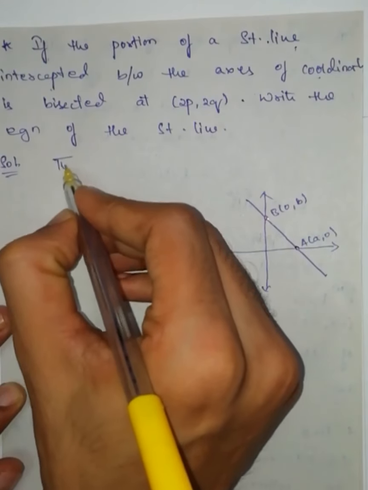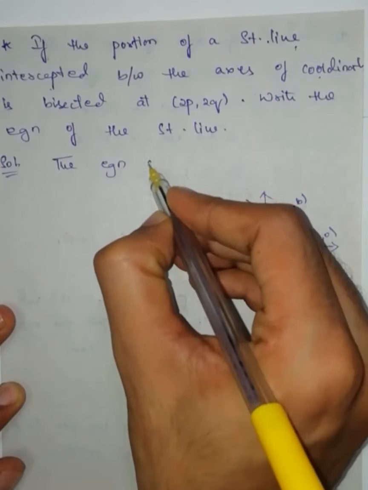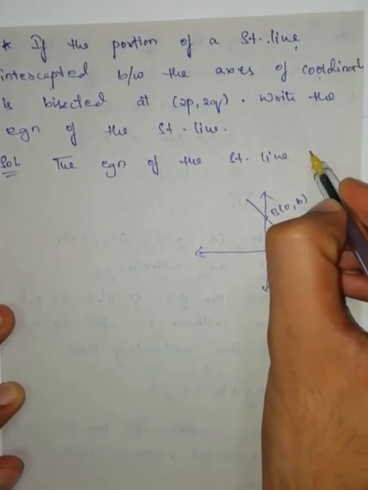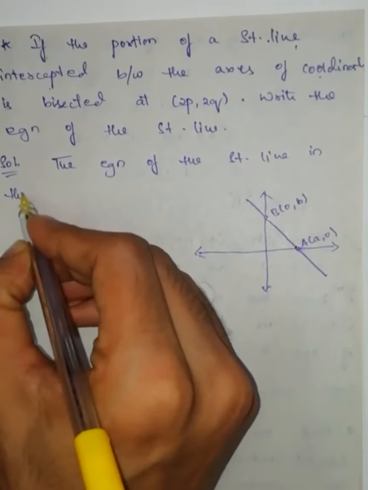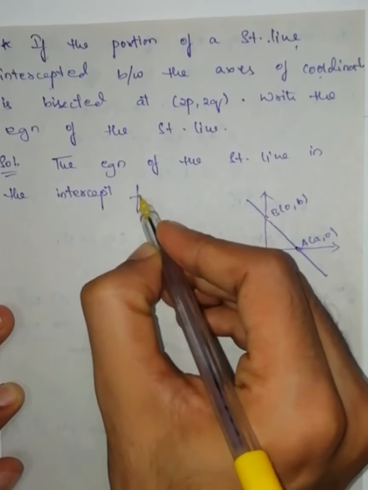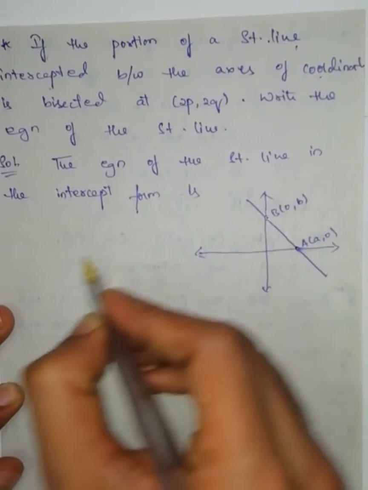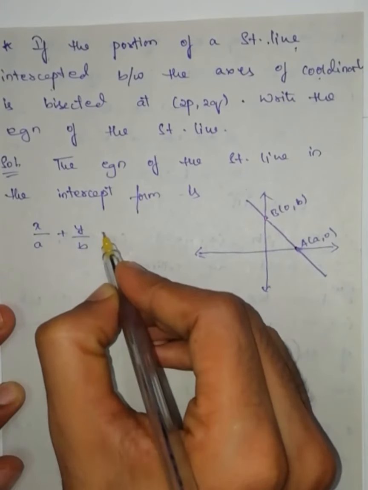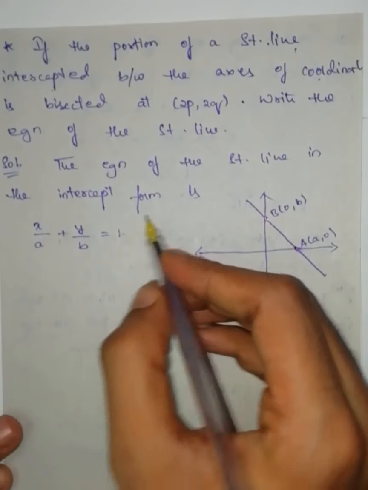Therefore the equation of the straight line in the intercept form is x by a plus y by b is equal to 1.